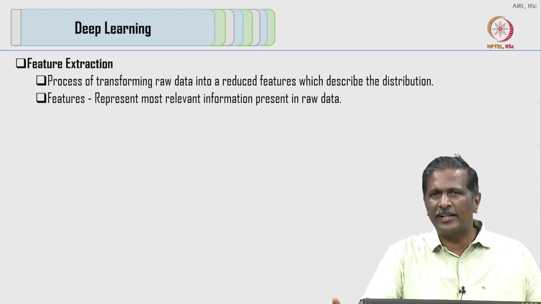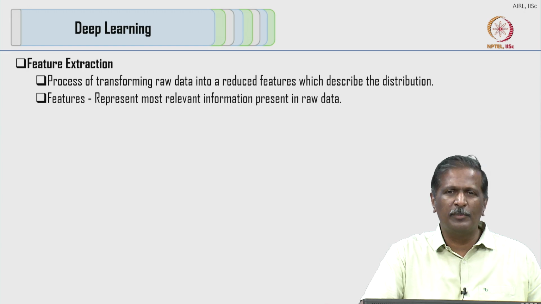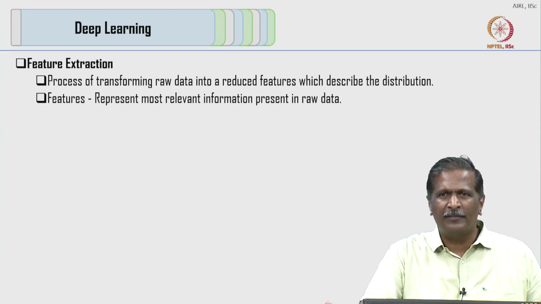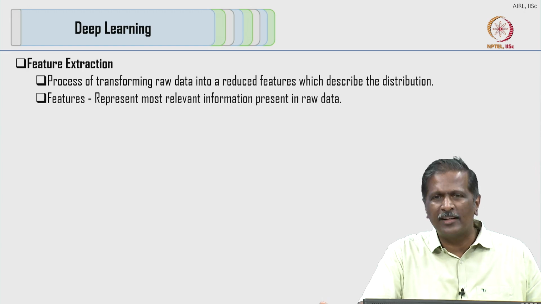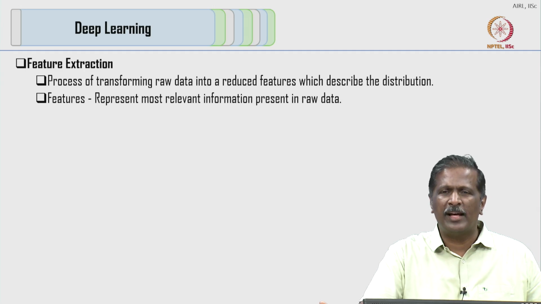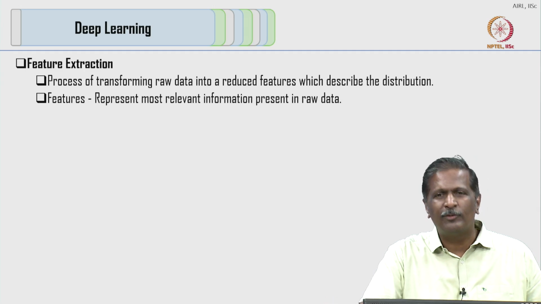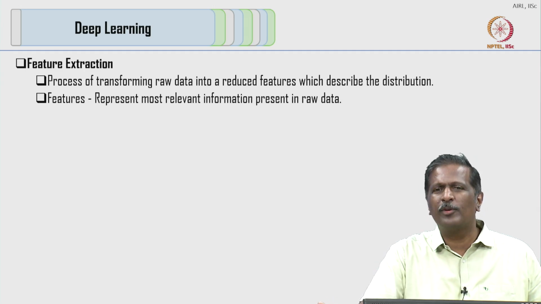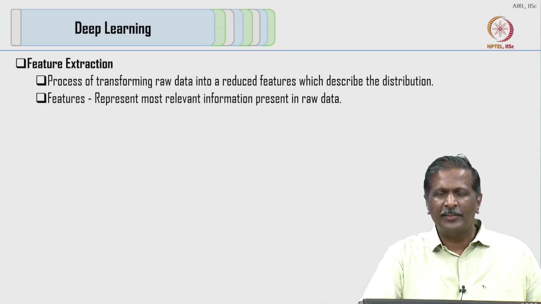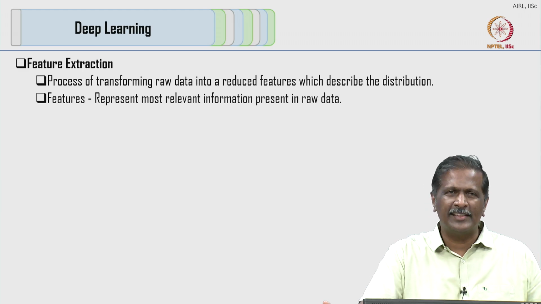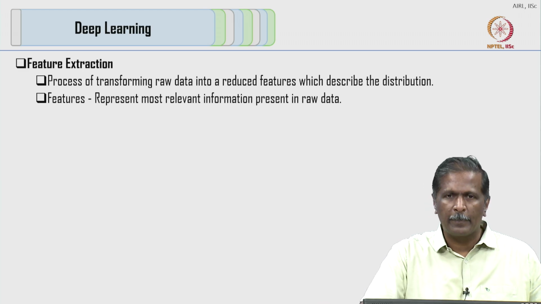For example, if I say I want to identify a car, what are the features that we will be looking at, without even having an image of the car? You can say a car should have at least 4 wheels, 4 doors, right, 4 windows. If I have all these, then I can just say it's a kind of car.